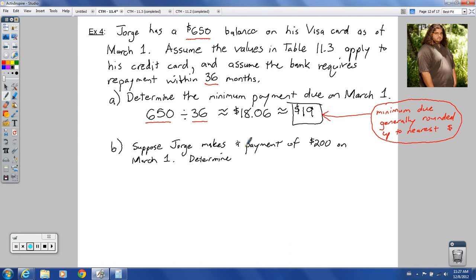Determine the balance due on April 1st, assuming no additional charges or cash advances are made. We'll get to what a cash advance is in a second. So assuming no additional charges or cash advances made.